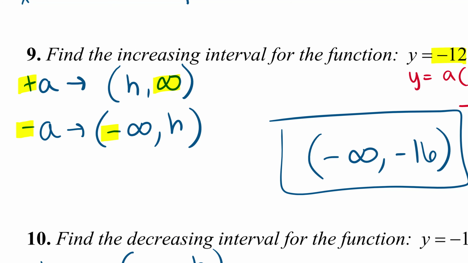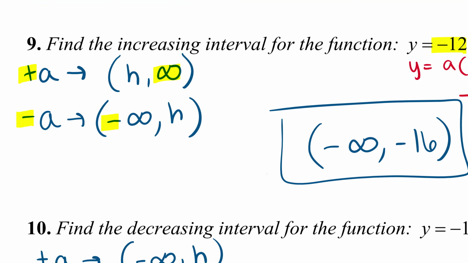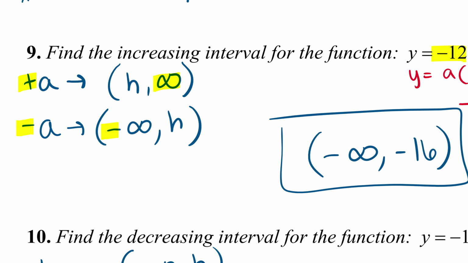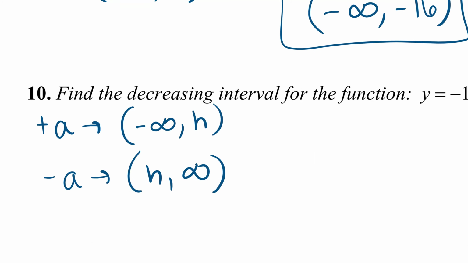As long as you remember the increasing, you just switch places on the decreasing, right? So they just flip places. That's all they do. So increasing is positive, positive infinity, and then negative, negative infinity. And then decreasing, you just change it. They can't be the same. That's not possible. So you should never have both increasing, decreasing have the same answer.